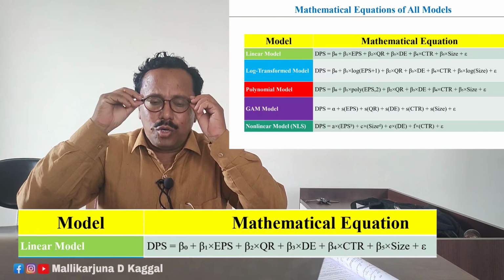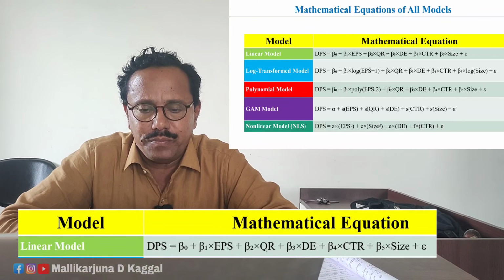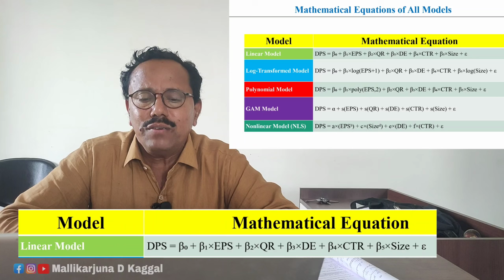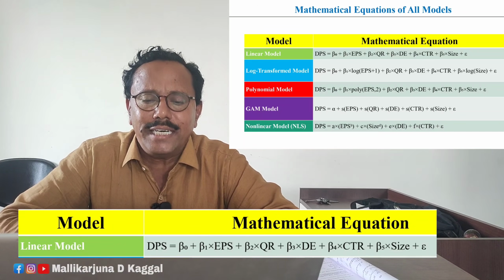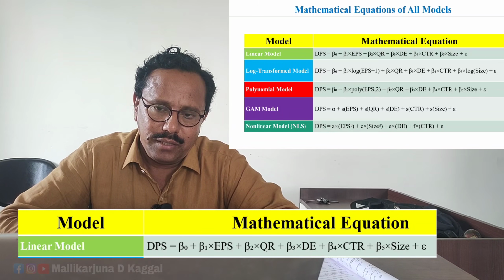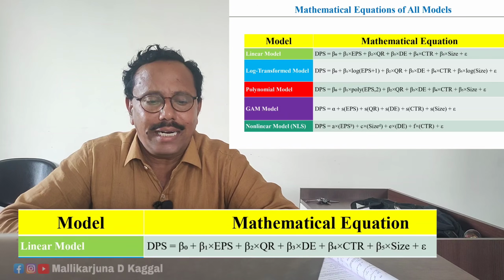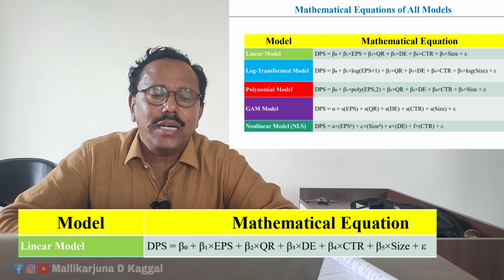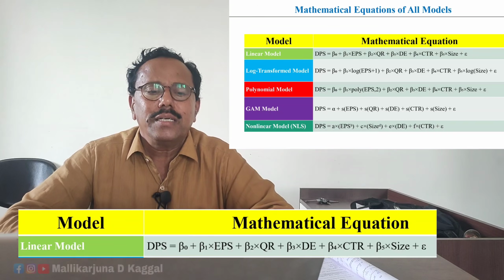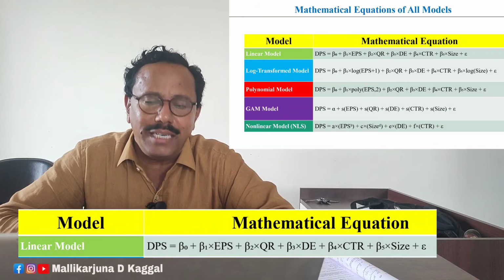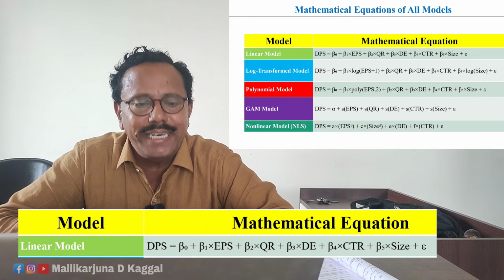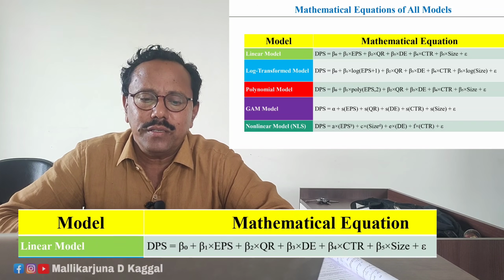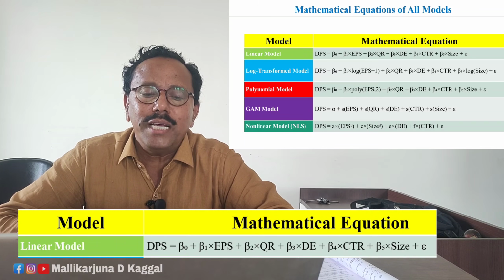For that linear model I have taken a mathematical equation, because when we are using some mathematical equation, we need to know how that can be presented in our research articles. DPS, dividend per share, is the Y variable. DPS is equal to B0, that is alpha, the intercept, plus B1, the coefficient of the first independent variable EPS.